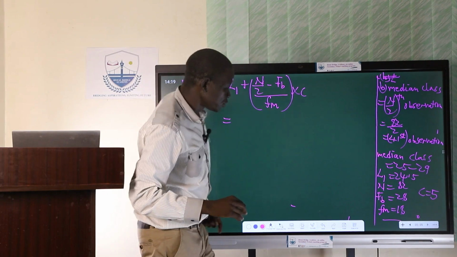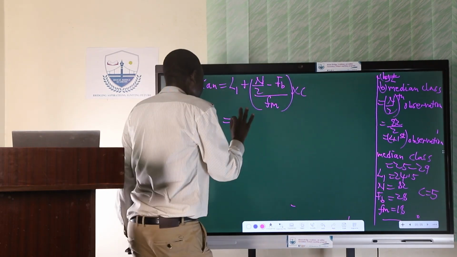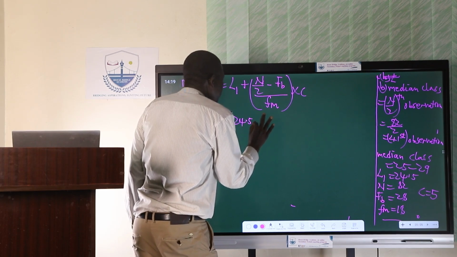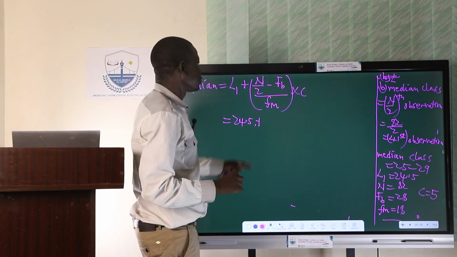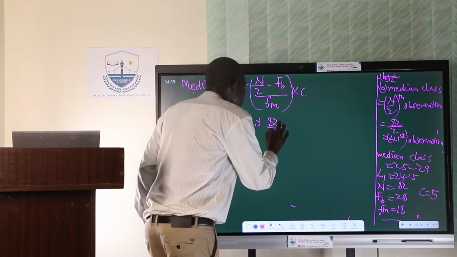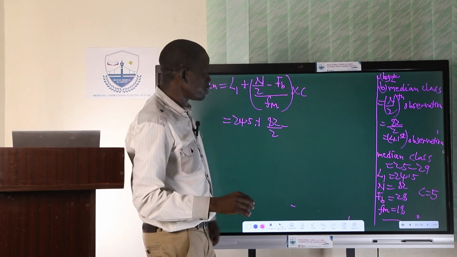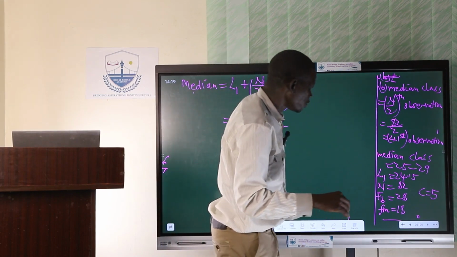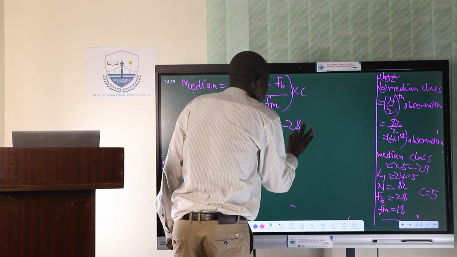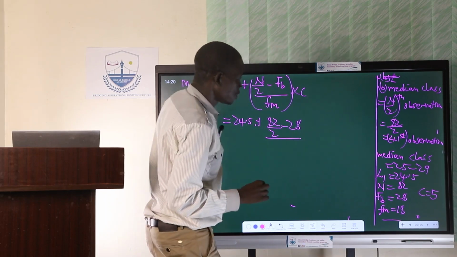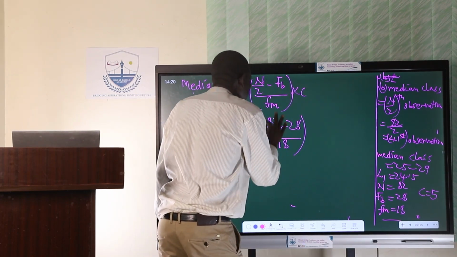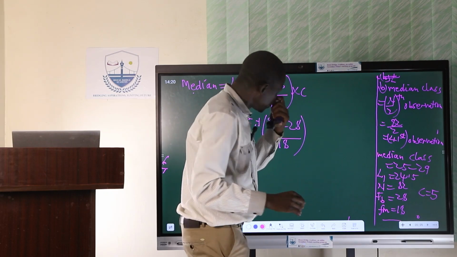Where there is L1, we shall put 24.5, plus n is 82 over 2, minus FB, the cumulative frequency before, which we say is 28, all over FM, which is 18, then times C, which is 5.